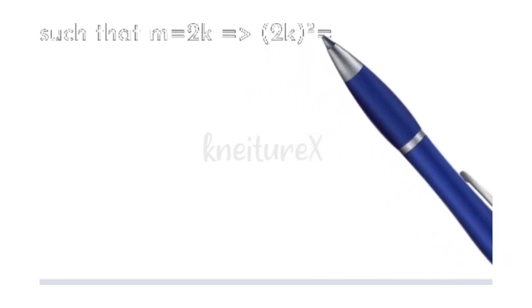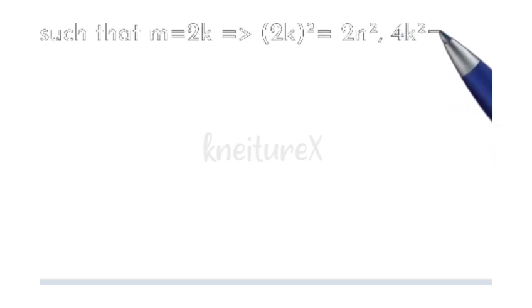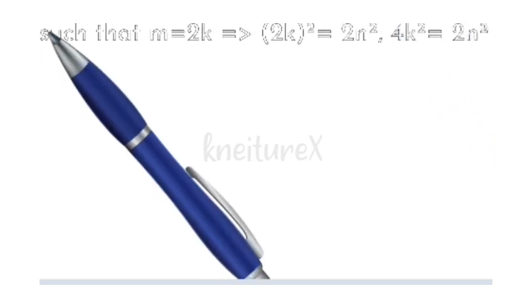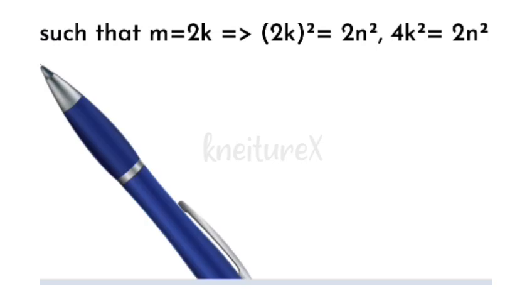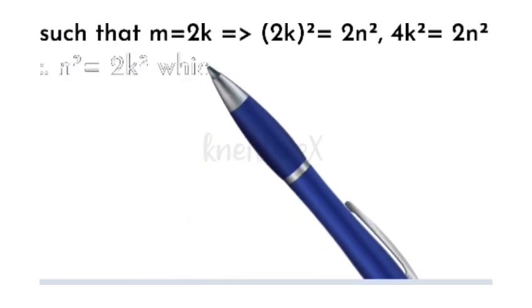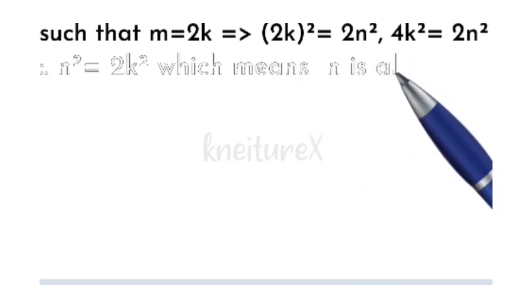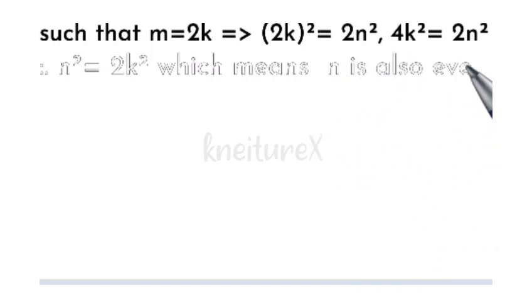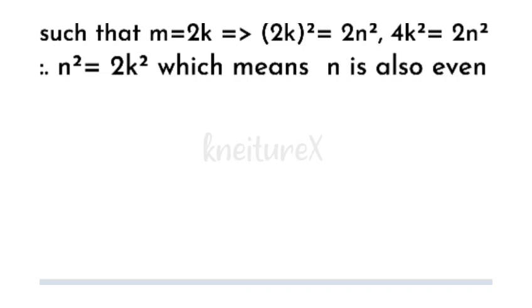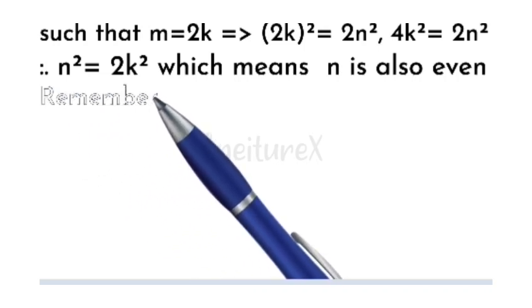When we square it, we have 4k squared equals 2n squared. So we make n squared the subject of the formula, and we perceive that it becomes 2k squared, because 4 divided by 2 gives us 2. So this also means that our n is also an even number, because it is having an even solution on the right hand side, 2k squared.